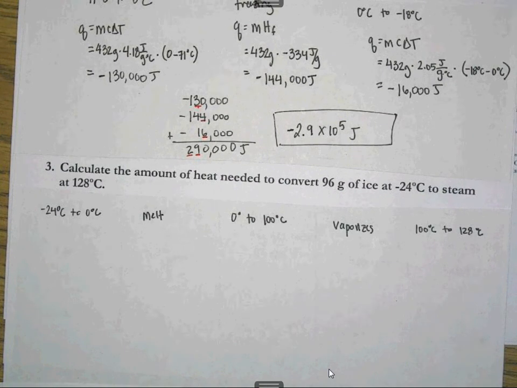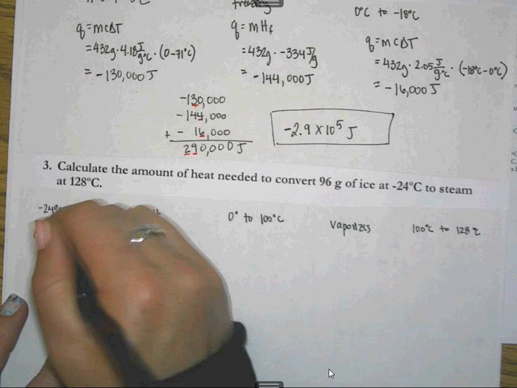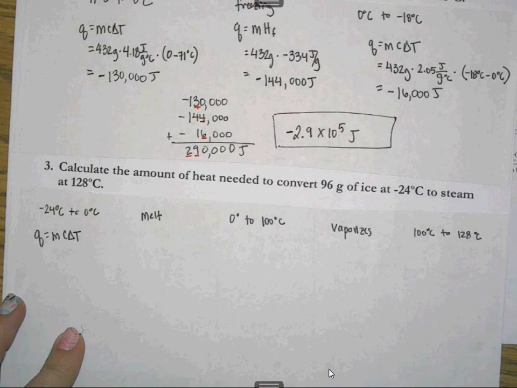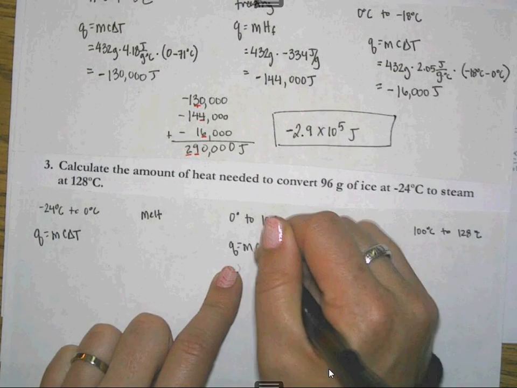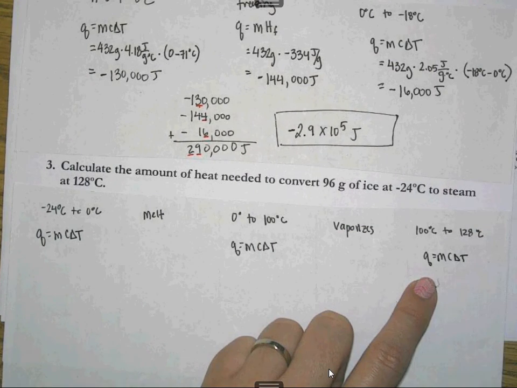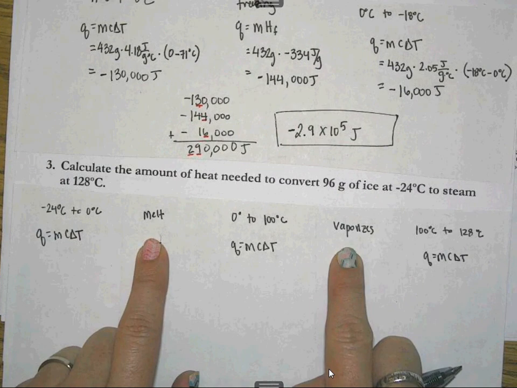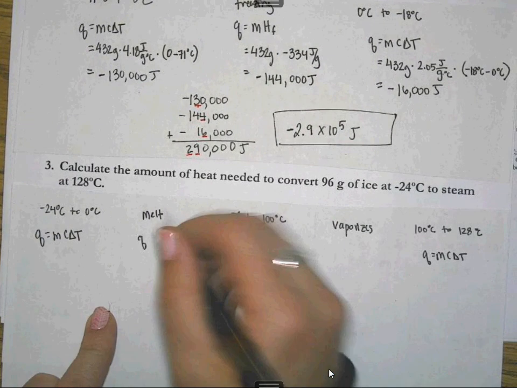No, there's nothing there. But it would be better to give it in scientific notation. So 2.9 times 10 to the 5th joules, and make sure that you put that it's negative. Or, like we said earlier, you could say 2.9 times 10 to the 5th joules were released or given off and omit the negative. But one way or the other, you got to show that it's given off.